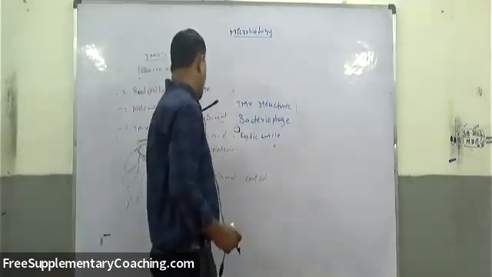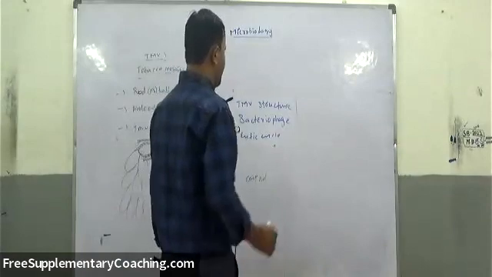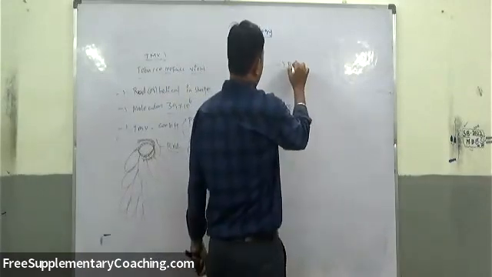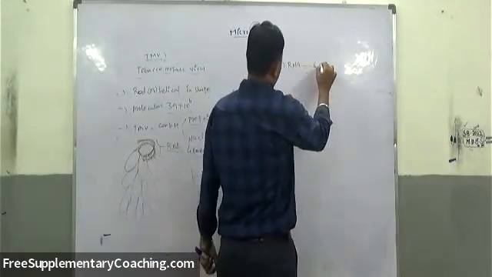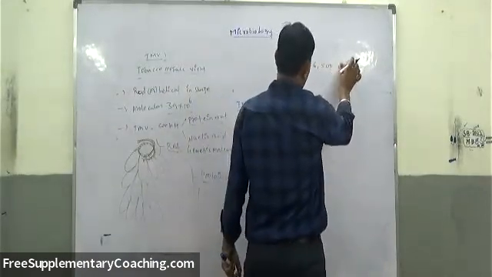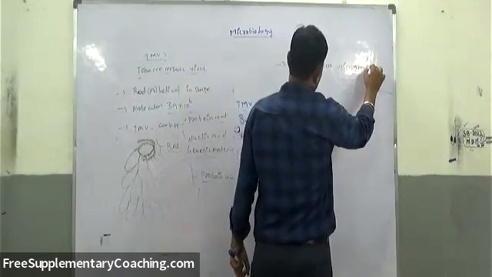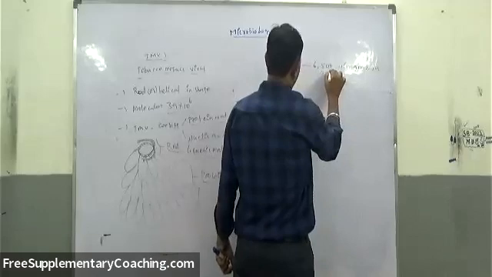Next one. In the RNA, how many nitrogen bases are there? In RNA, 6,502 nitrogen bases are present.